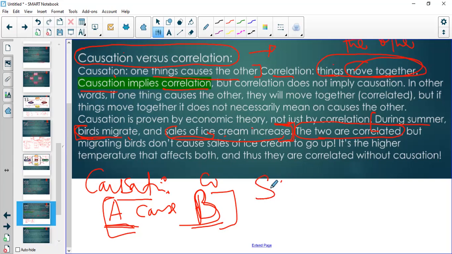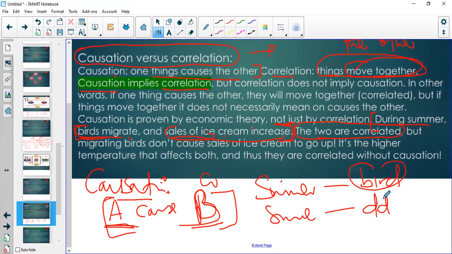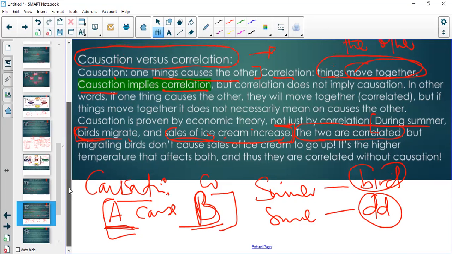So summer actually is the cause for bird migration, and summer as well is the cause for the demand for ice cream. So both of them are affected by one thing, but they don't affect each other. They are both affected by summer, but it doesn't mean that because they move together, one affects the other. So these are some concepts of logic that you need to know.